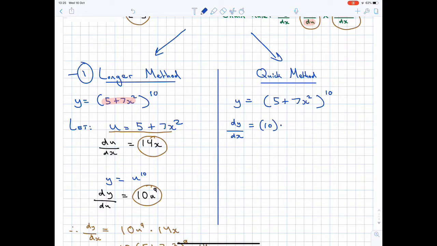We're going to times it by what we get if we differentiate the inside expression, which is just 14x, in square brackets. Then the inside expression stays the same, 5 plus 7x squared, and we minus 1 from the power, which gives us to the power of 9.